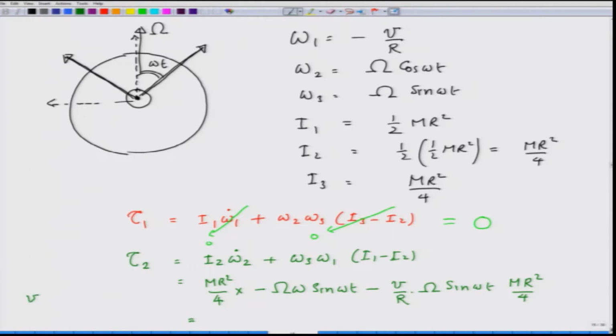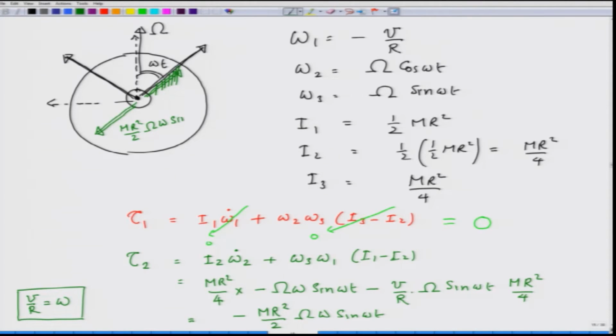Since V over R is omega, we get this to be equal to minus m r square by 2 capital omega omega sine of omega t. That is my tau 2. So, the torque in direction 2, I will make it again in the next screen, is in the opposite direction to 2, and it is equal to m r square by 2 capital omega omega sine of omega t.